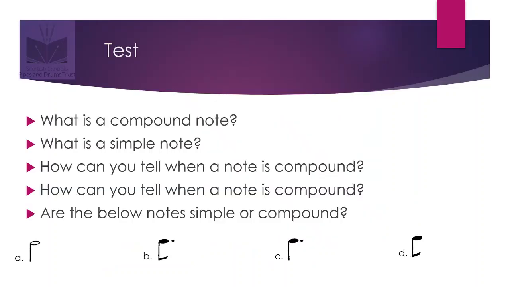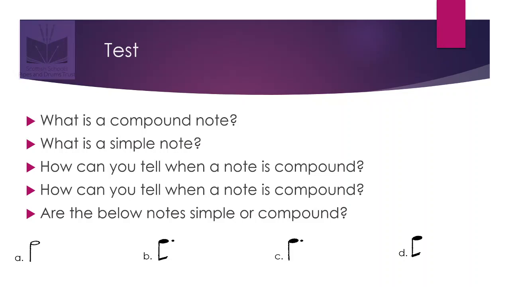Here's another example of a little test. What is a compound note? We've done that. What's a simple note? Are the notes below simple or compound? This is the sort of thing that you might get on a test, like an SCQF test. What is a compound note? It's a note that's dotted and can be split into 3. What's a simple note?